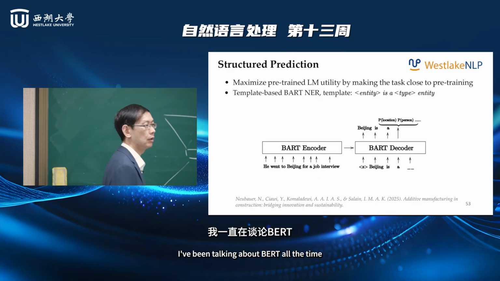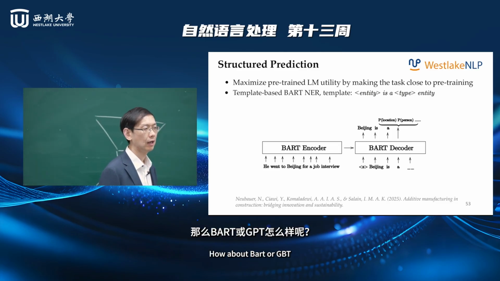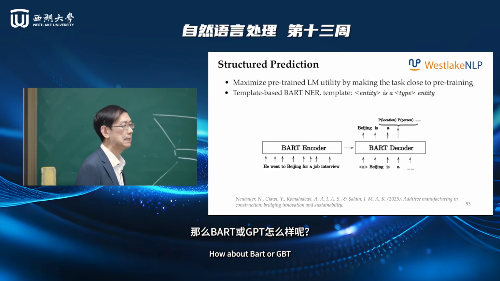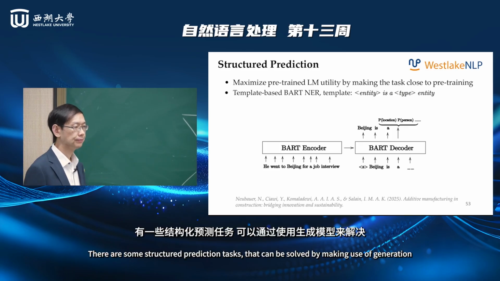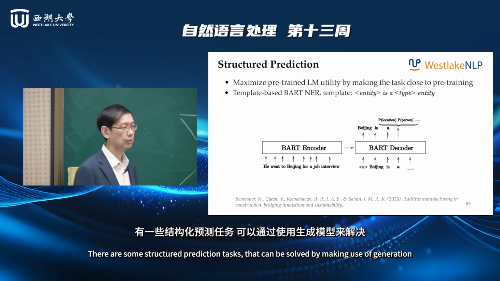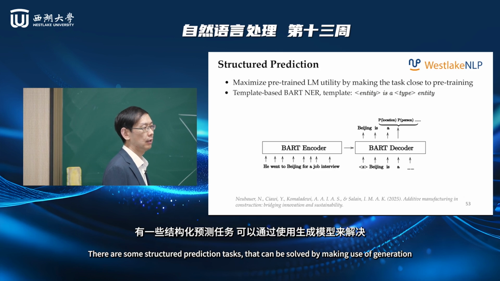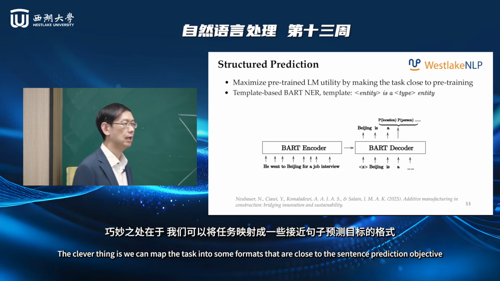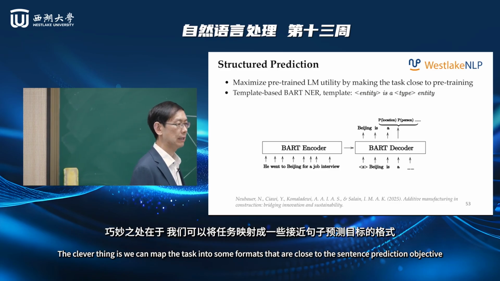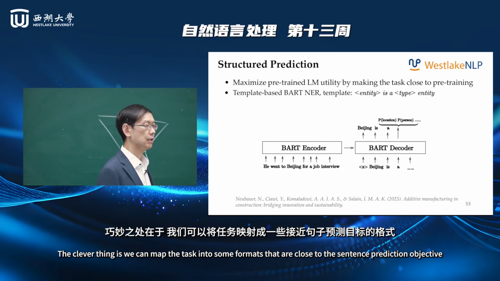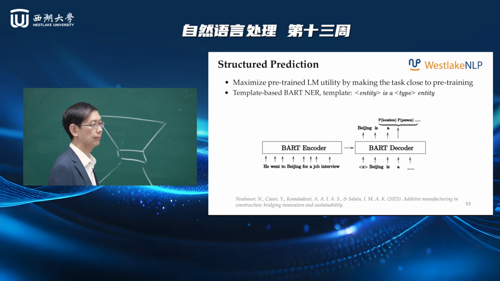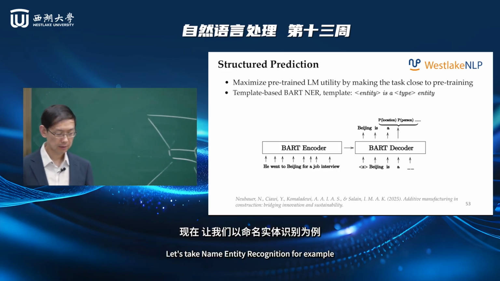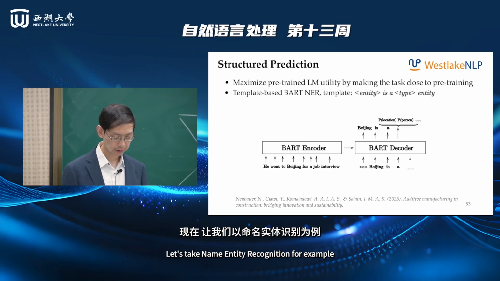Okay, I've been talking about BERT all the time. How about BART or GPT? There are some structured prediction tasks that can be solved by making use of generation. The clever thing is we can map the task into some formats that are close to the sentence prediction objective. Now let's take named entity recognition, for example.